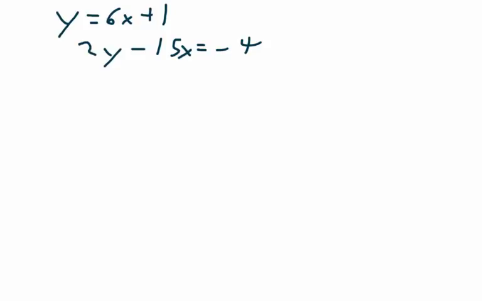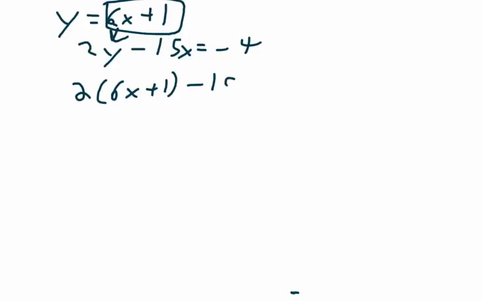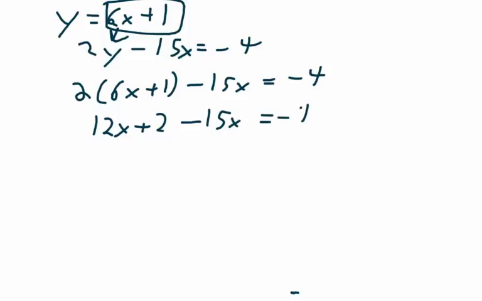For this next problem, we once again have a y equals. So I'm going to take this and plug it into where y equals. And so we wind up with 2 parentheses 6x plus 1 minus 15x equals -4. So 12x plus 2 minus 15x equals -4 after I distribute.